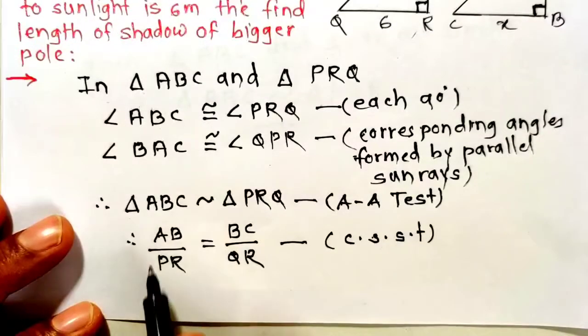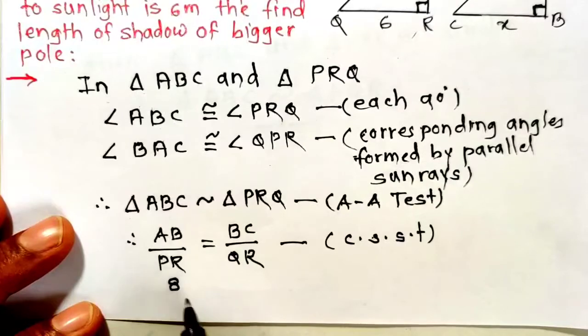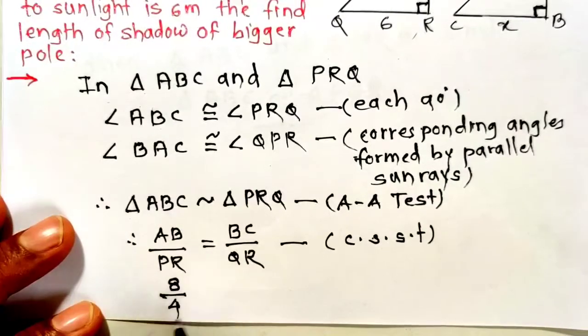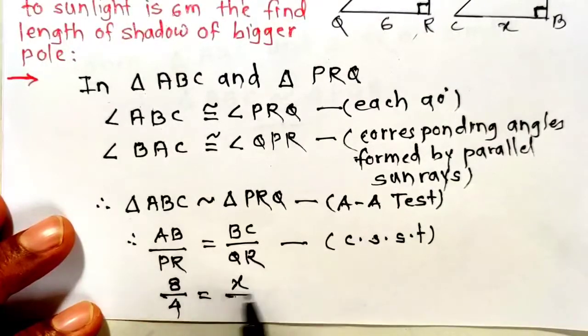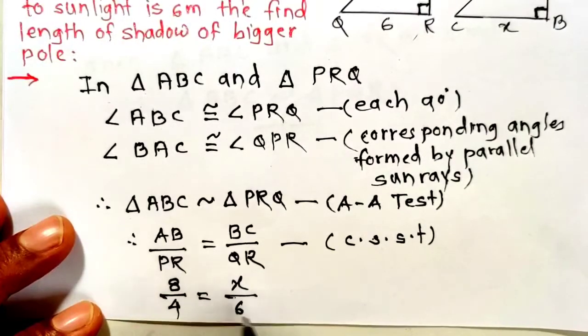Now substitute the values. AB is given 8 divided by PR is given 4 is equal to BC is given x divided by QR is 6.